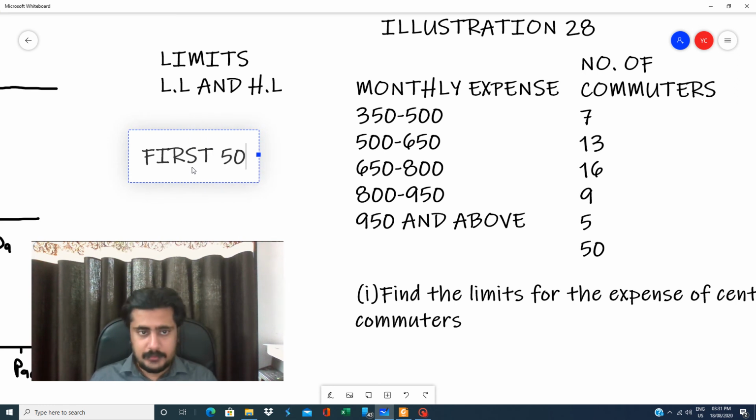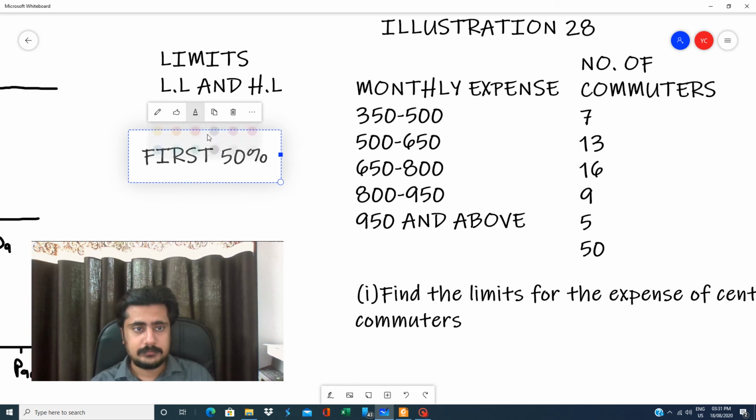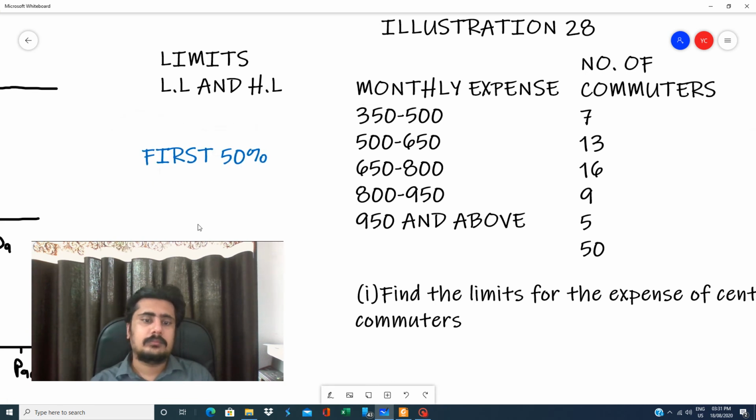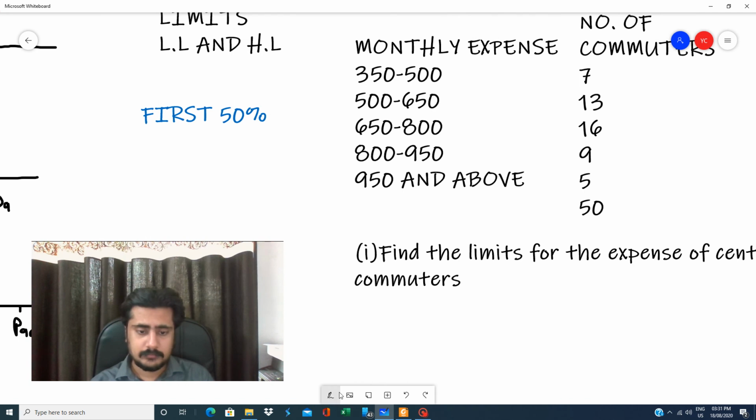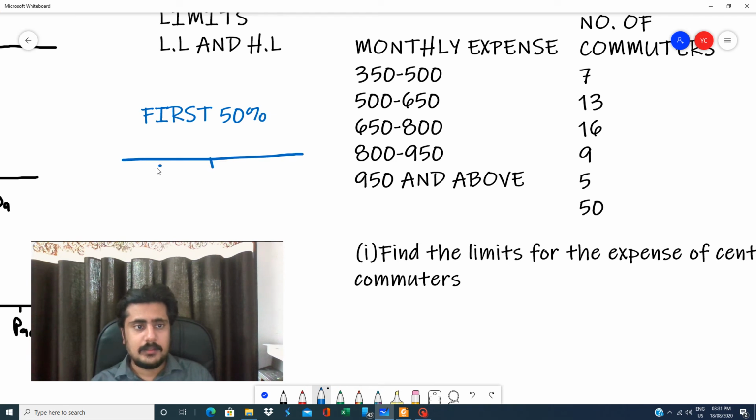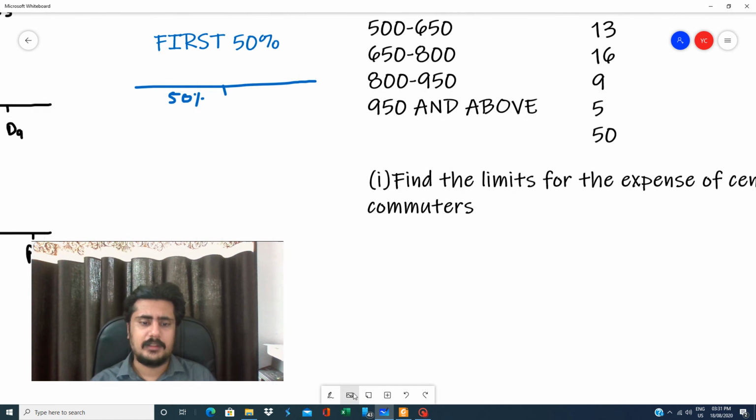See, this is first 50%. The last will also be 50 because 50 and 50 make 100.